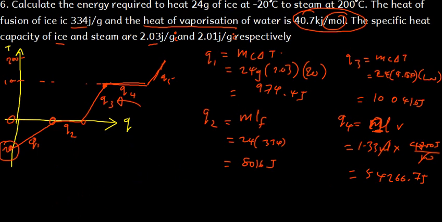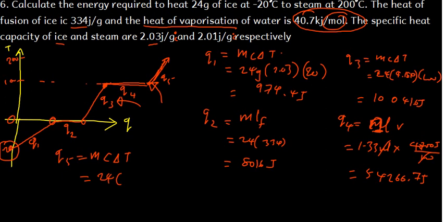And how do you find that Q5? Remember, we are raising the temperature from 100 to 200. So raising a temperature has to do with specific heat capacity. So that will be mass, specific heat capacity, and then change in temperature. The mass is still the same, 24. Specific heat capacity, now this is vapor. Remember, we've already converted. It's no longer water. After exceeding this point, what we have here is not water, it's vapor.